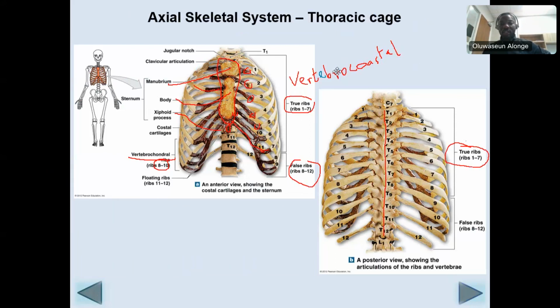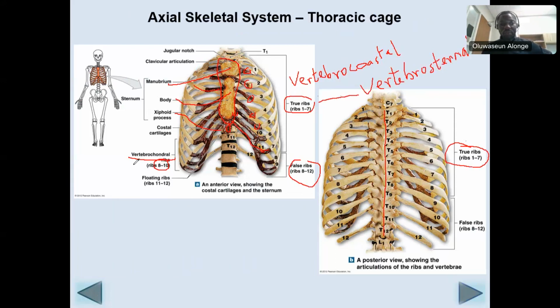Oh, sorry, this is an error. Ribs 1 to 7 are called vertebrosternal. I'm sorry about that. The idea of vertebrosternal is that they are connected to the sternum directly.